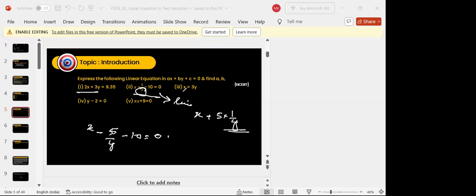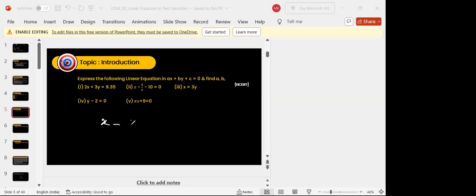We can say first one, the third one, the fourth one, we don't have, that is x coefficient, we have it as 0. Y's coefficient, we have it as 1. In the next case, it is pi x plus 9. There also, it is the format. Only the second one is not acceptable, because when we go for the second one, we will have x minus 5 by y minus 10 is equal to 0.